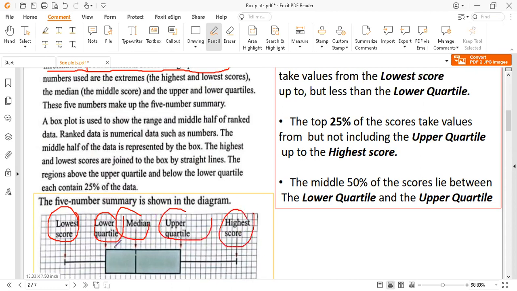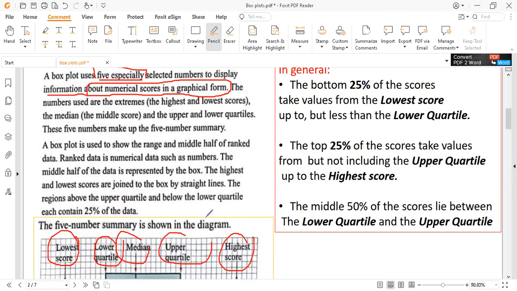So it is easy to find the lowest score, the highest score, and the median, and we explained in a previous session how to find the lower quartile and upper quartile of a series of numerical scores.